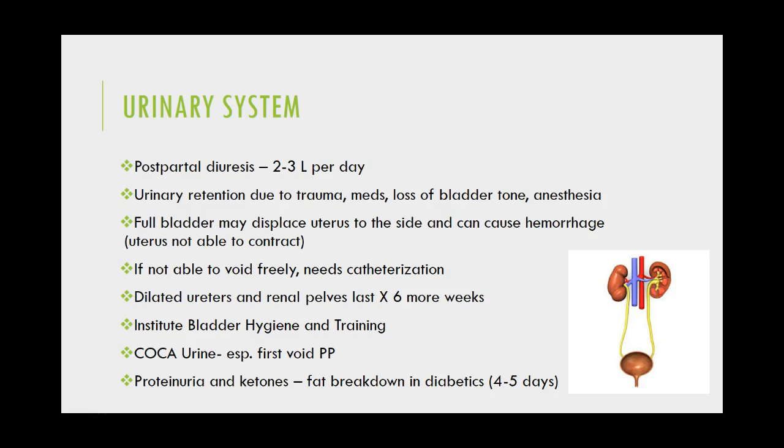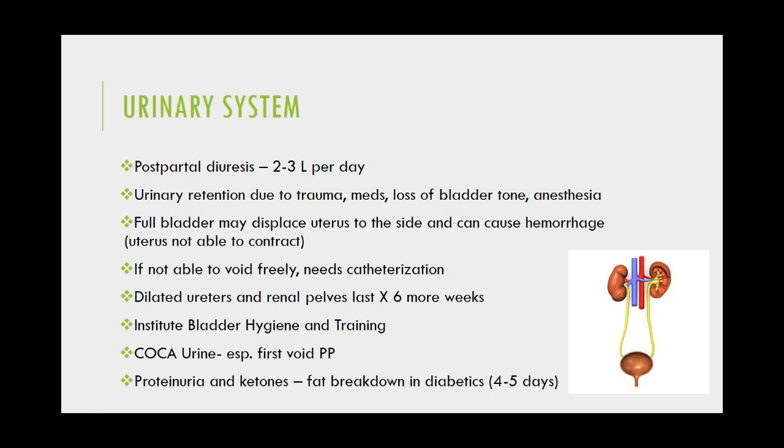And that can occur because of trauma, maybe related to a C-section or a tumultuous delivery, because of medications such as Pitocin, loss of bladder tone in regards to a C-section or a tumultuous labor, and then possibly anesthesia.